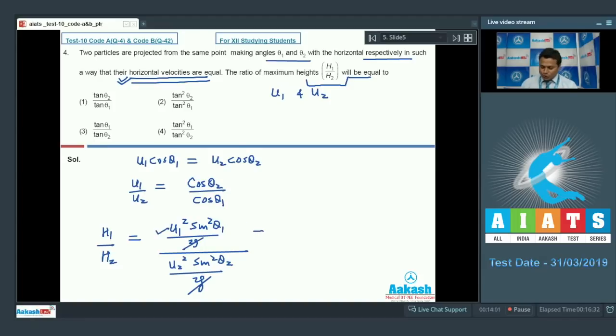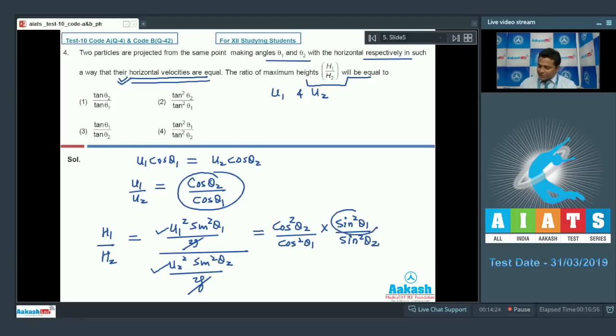What you are looking at here is u1 square upon u2 square. This ratio can be written as cos square theta 2 divided by cos square theta 1 multiplied by sin square theta 1 divided by sin square theta 2.